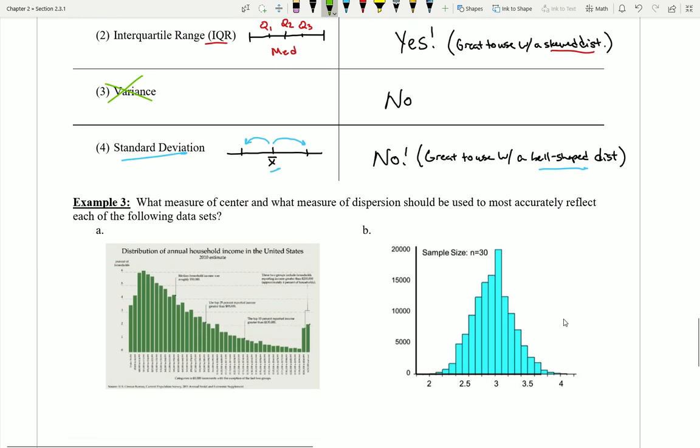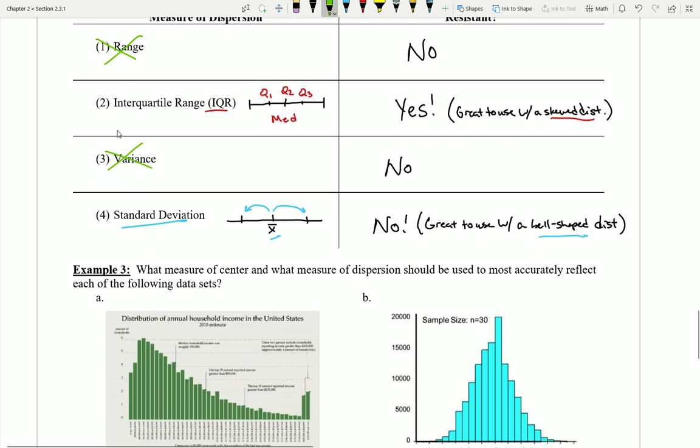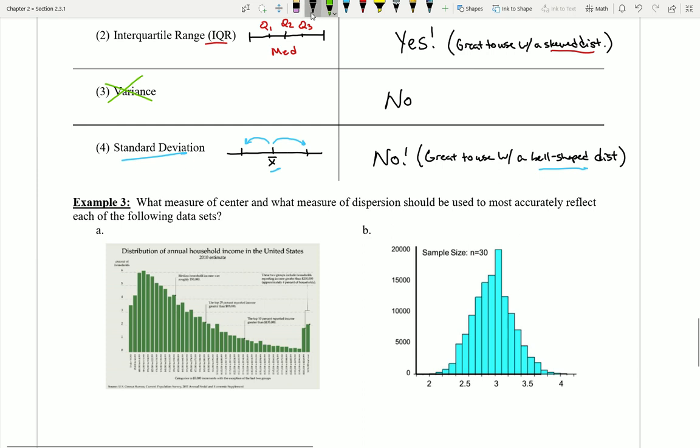So take a look down here at example number 3, and you can see how I'm going to use this. What measure of center and what measure of dispersion should be used to most accurately reflect each of the following data sets? Remember, measures of center were mean, median, and mode. Measures of dispersion were range, IQR, variance, and standard deviation. Since I have these triplets formed, I can immediately deduce the following. First here, I'll focus on the shape of my distribution.